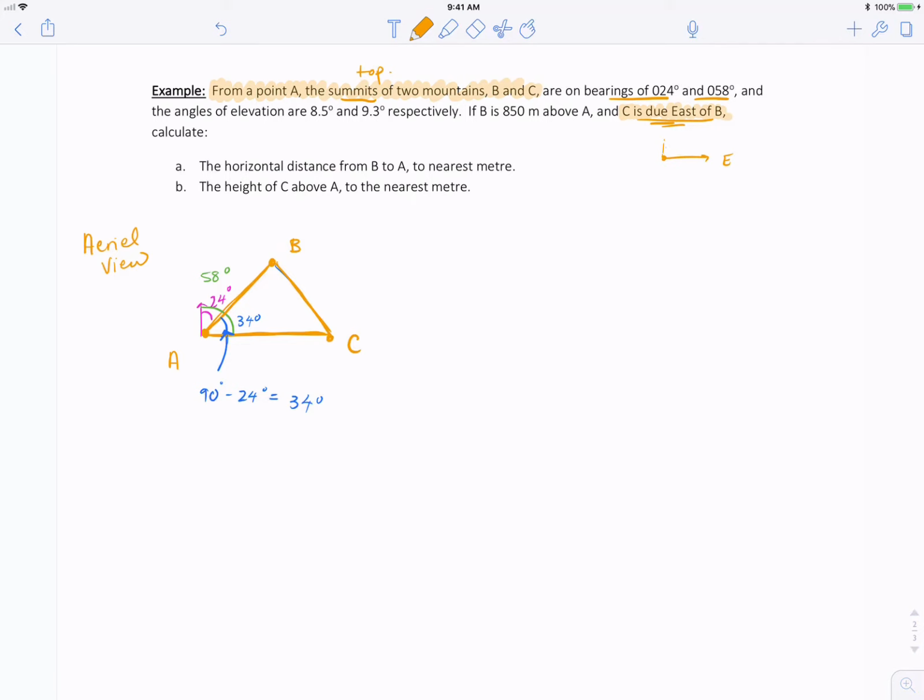Well, that makes that angle a 90 degree angle. So the angle between C and B is a 90 degree angle. Relative to north, this is a 90. Although it doesn't look like a 90, it really is. That's okay. So just recall that that's a 90 degree angle.